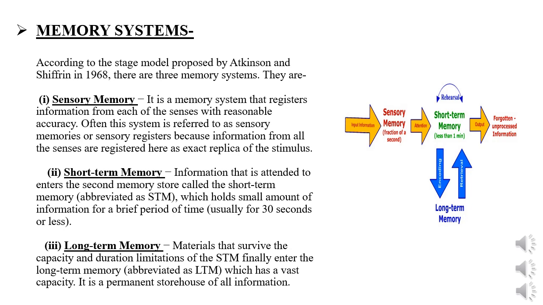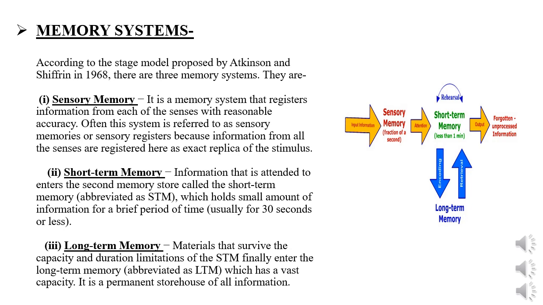The next is the short-term memory, that is the second memory store. Every information that is received through our senses enters the sensory memory, but we do not attend to all the information that impinges on our senses. We only attend to some of it, and the information that is attended to enters the short-term memory.